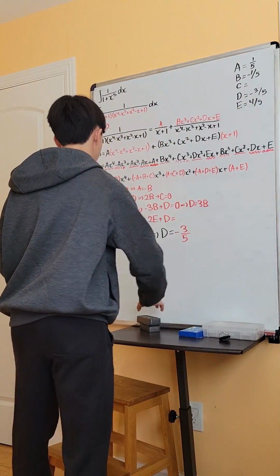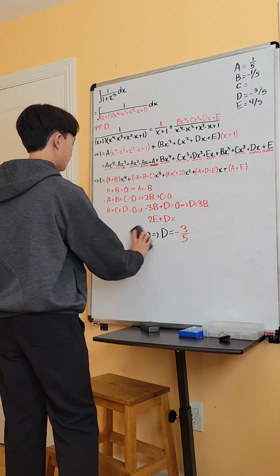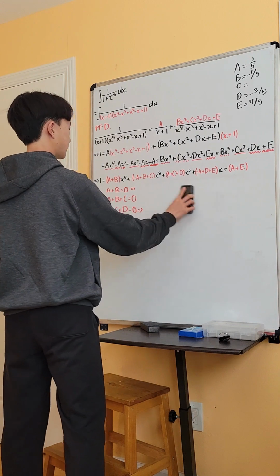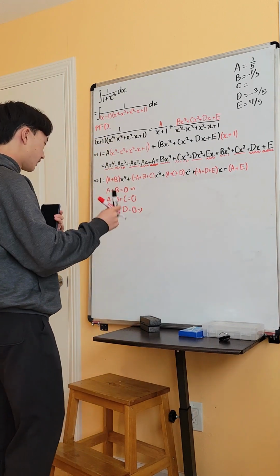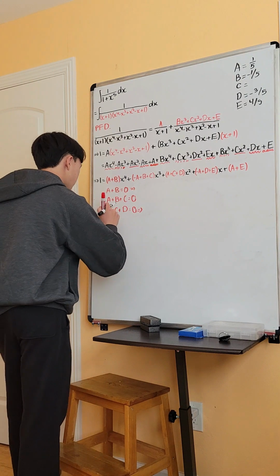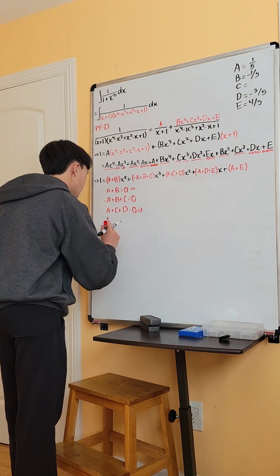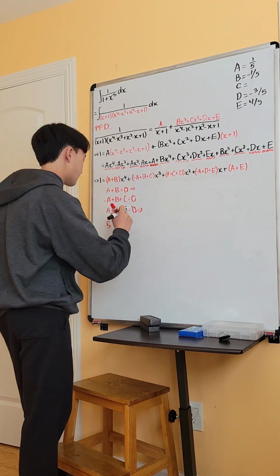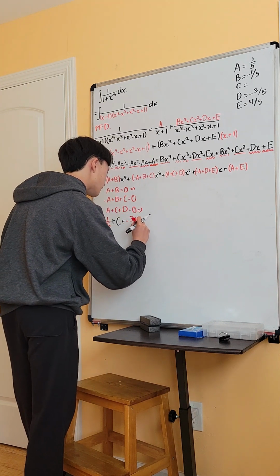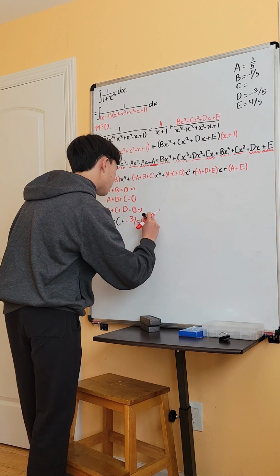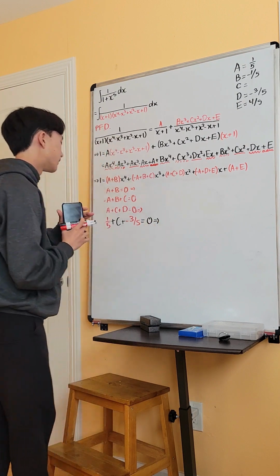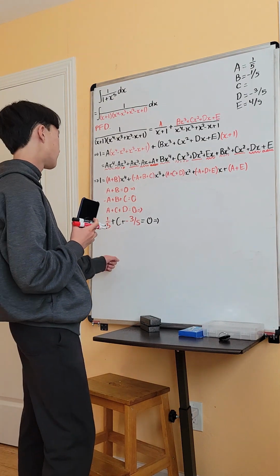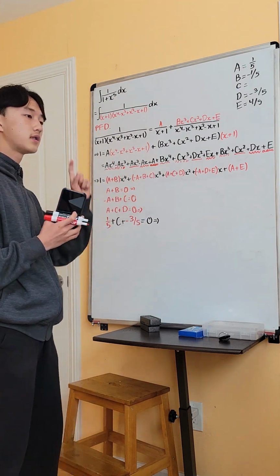Okay, lastly, let's just solve for C. C isn't all that bad. We can get rid of all of this basically. Plugging in A, we get 1/5, and then plus C, we don't know yet, and then plus D, which is negative 3/5, is equal to 0. Our first step would be to add 3/5 on both sides. 1/5 plus C is now equal to 3/5. Subtracting 1/5 on both sides, you get 3/5 minus 1/5, 2/5.